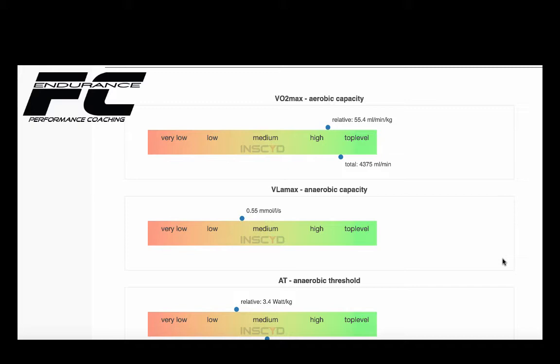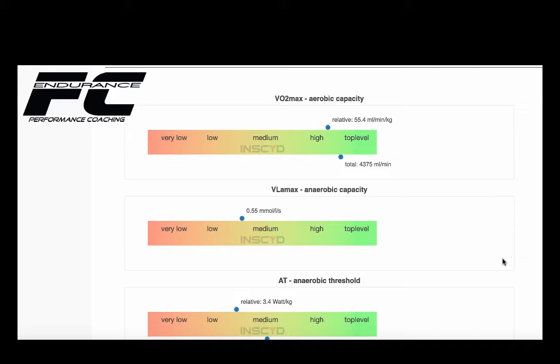Okay, so if we have a low VLA max, it allows us to use a higher percentage of our VO2. It also allows us to have higher fat combustion, and we use fewer carbohydrates the lower our VLA max is. But if we take the flip side of that, a low VLA max is also going to compromise performance in sprints.